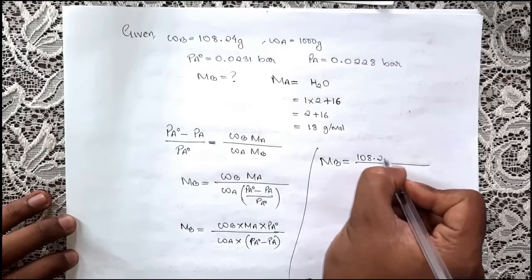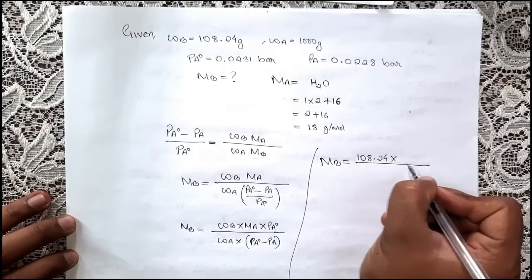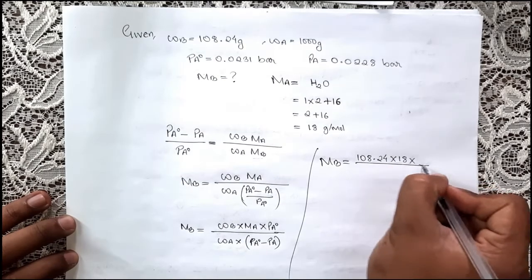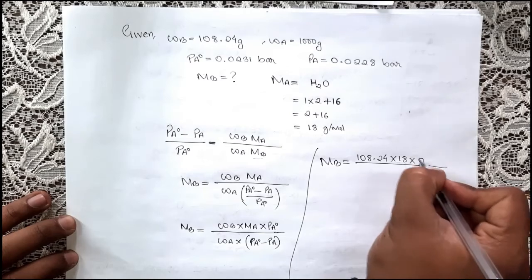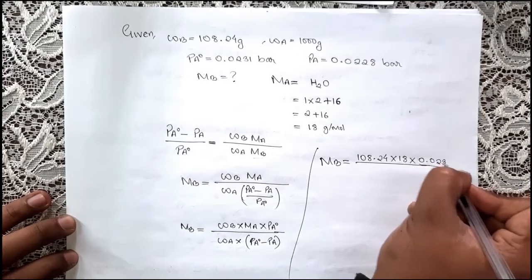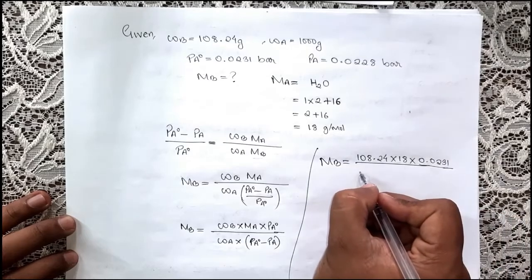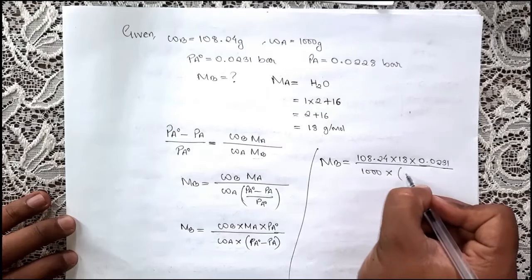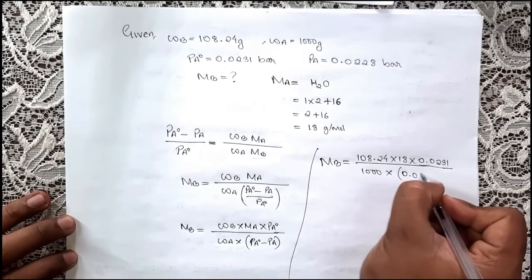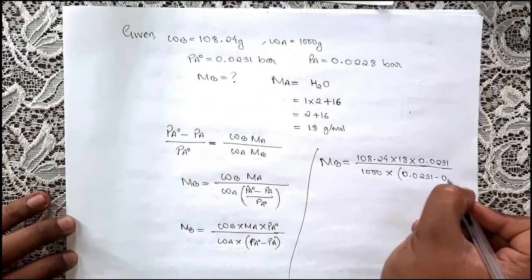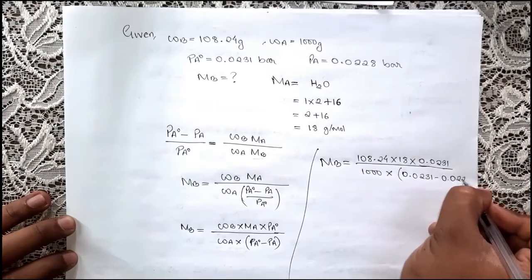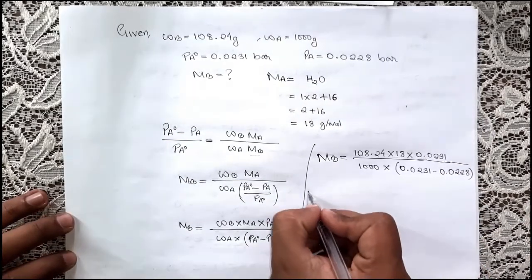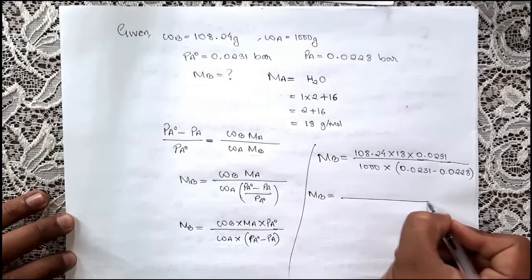MB, so what is WB? 108.24 multiplied by MA is 18 into PA0 is 0.0231, and then WA is 1000 multiplied by PA0 0.0231 minus 0.0228.